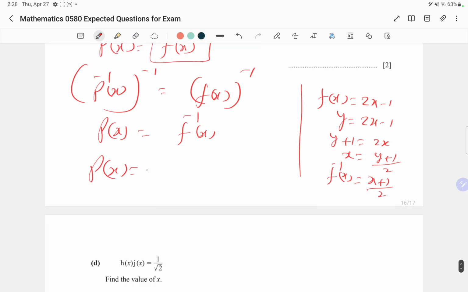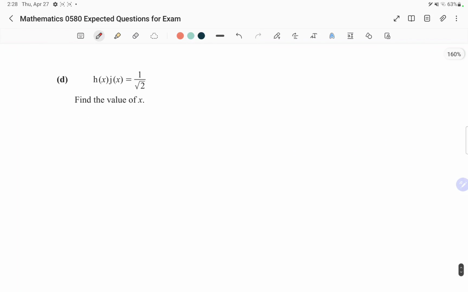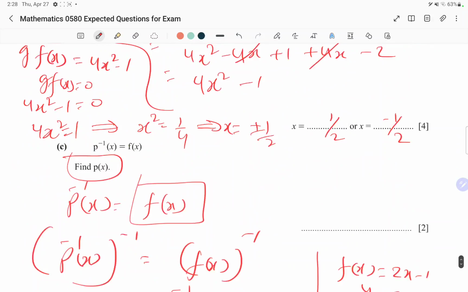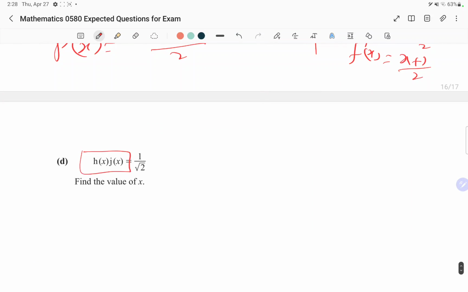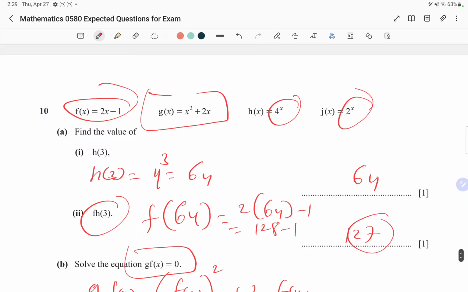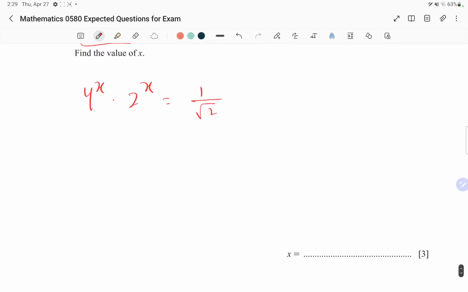So what we got finally? p(x) is (x plus 1) by 2. Now h(x) times j(x) is 1 over root 2. Find x. This is separate, okay. What is h(x)? 4 to the power x and j(x) is 2 to the power x, which is 1 over root 2. So 4 can be written as 2 square to the power x.